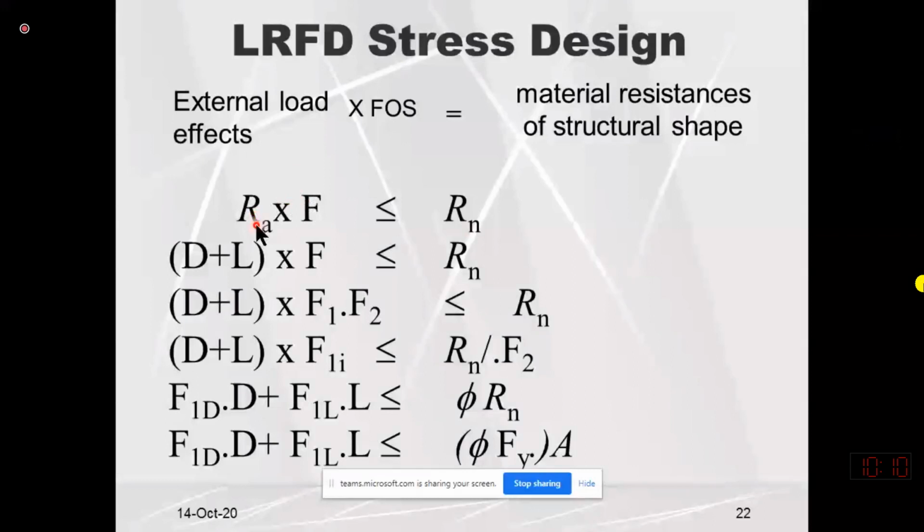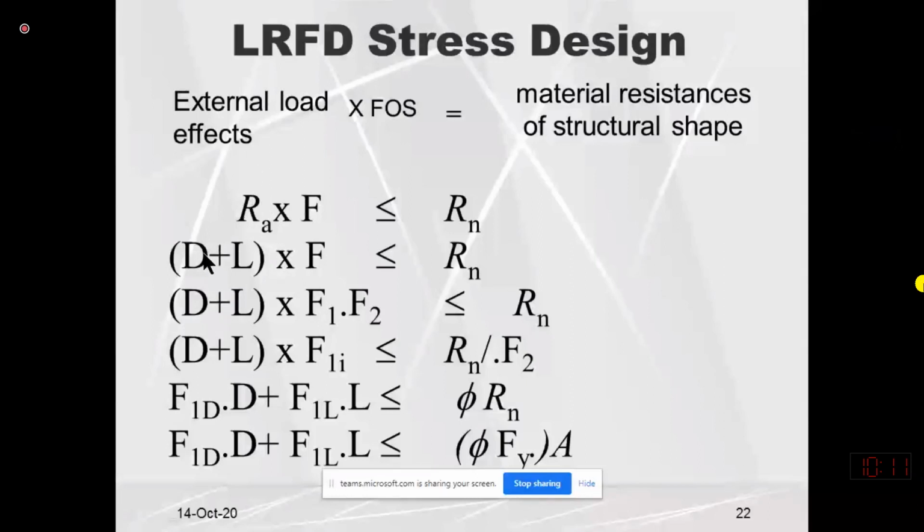If the external load effect is multiplied with F, then this left hand side should be equal to the resistance of structural components. The applied load effect may be tension, compressive force, shear force or bending moment. Shear force and bending moment on a beam are also functions of the load acting on the beam.